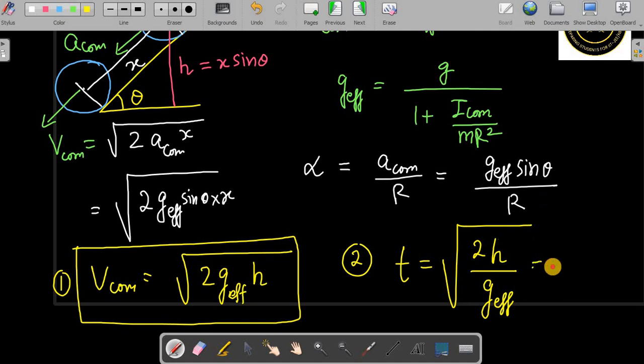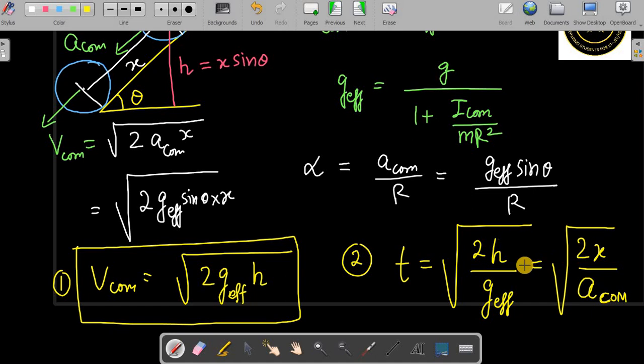Or here you may also write this as root under 2x by effective acceleration of center of mass, right? Because once you substitute acceleration as g effective sine theta, x can be written in terms of that, right?